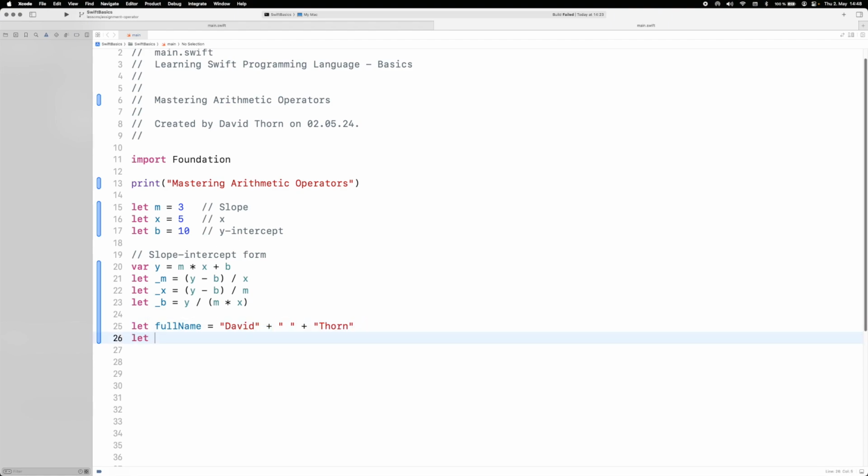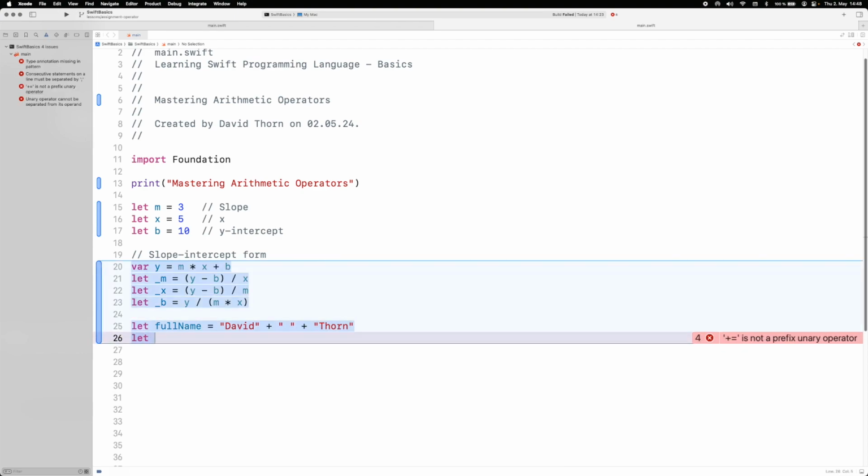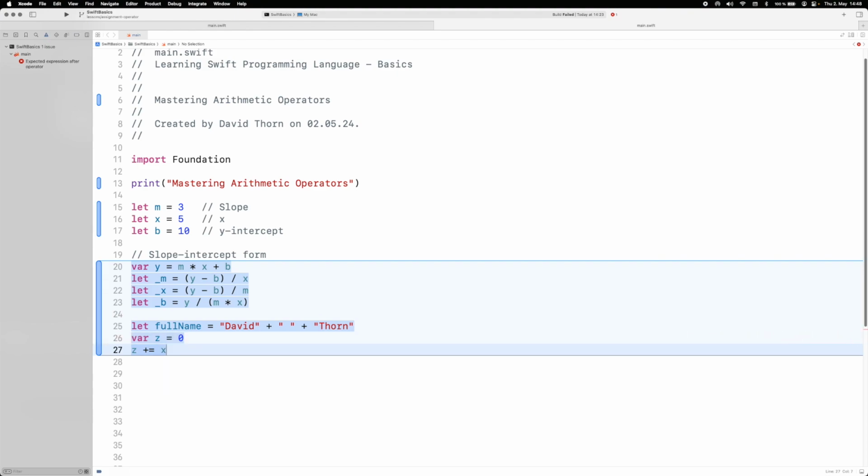Now it can be that you see something like z plus equals x. For that, we need to say var z is equal to 0, and then z plus equals x.